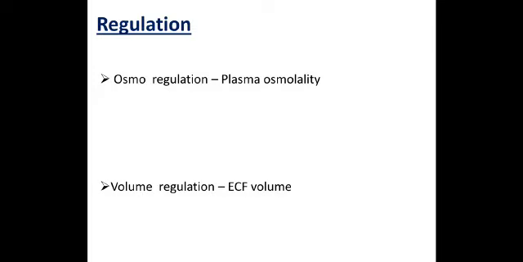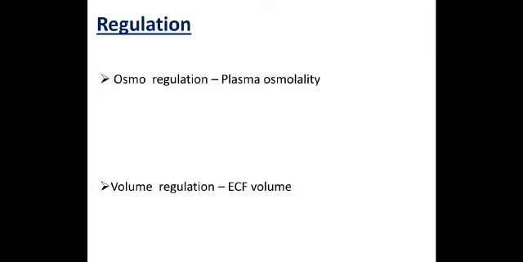There are two types of stretch receptors: the low pressure and the high pressure receptors. The low pressure receptors are present in the great veins and atria, and these receptors mediate the volume effects on vasopressin. Hypovolemia and hypotension release large amounts of vasopressin.